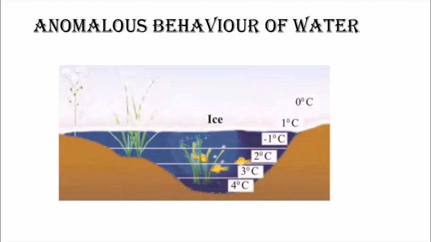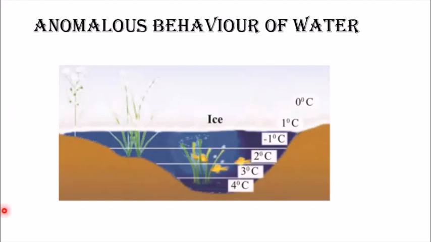If the temperature is lowered below 4 degrees Celsius, its density decreases and the volume increases. It means that the water expands when the temperature falls below 4 degrees Celsius. And this is called the anomalous behavior of water.